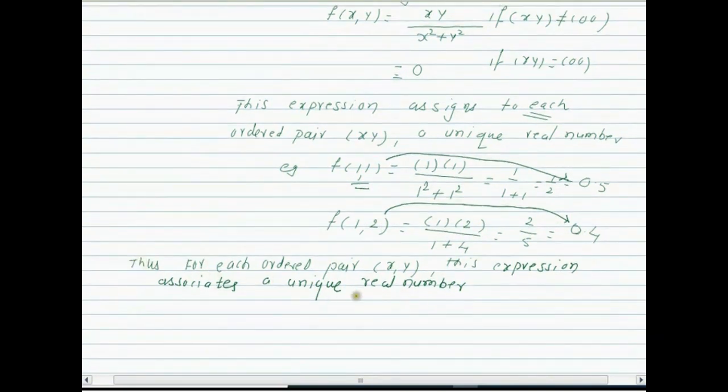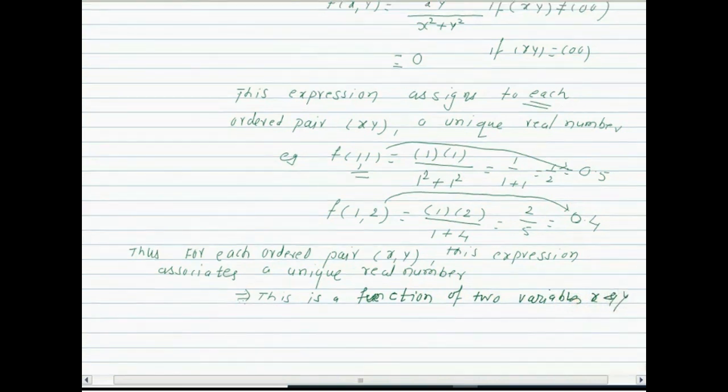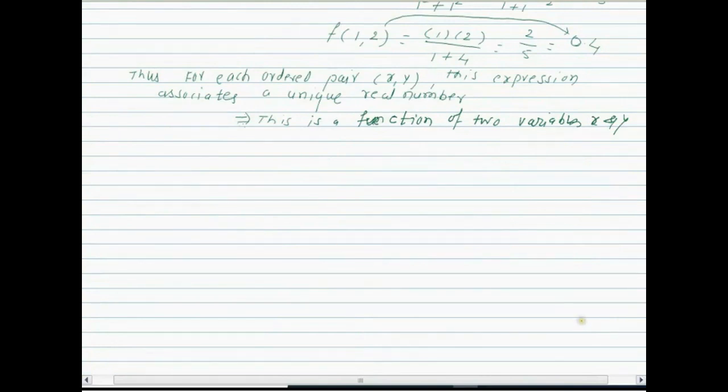What we have written is a definition of a function of two variables. So therefore this is a function of two variables x and y. So what is the definition?